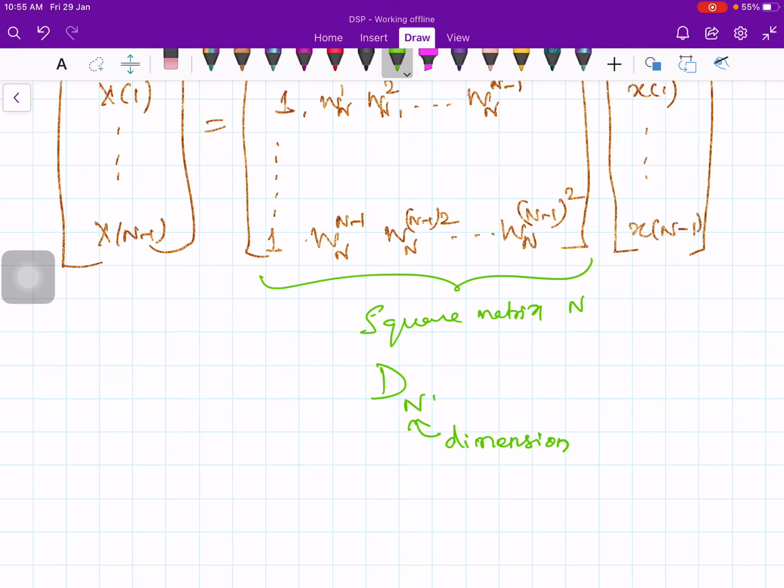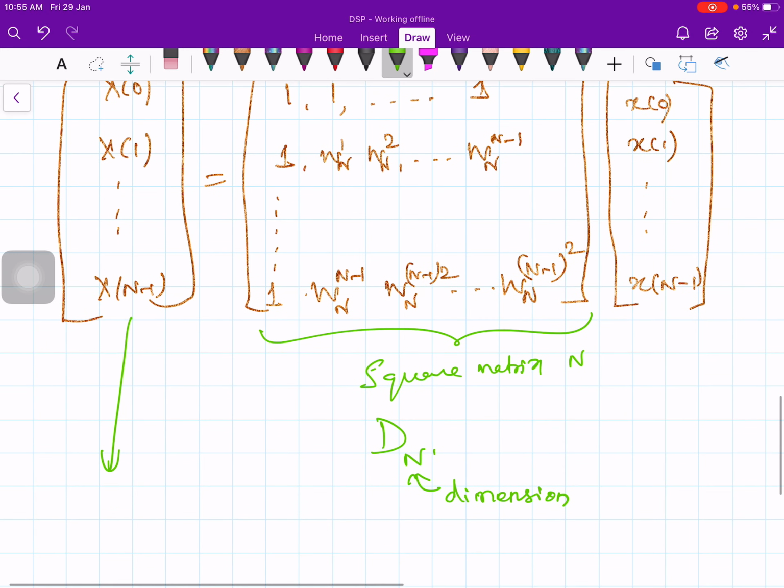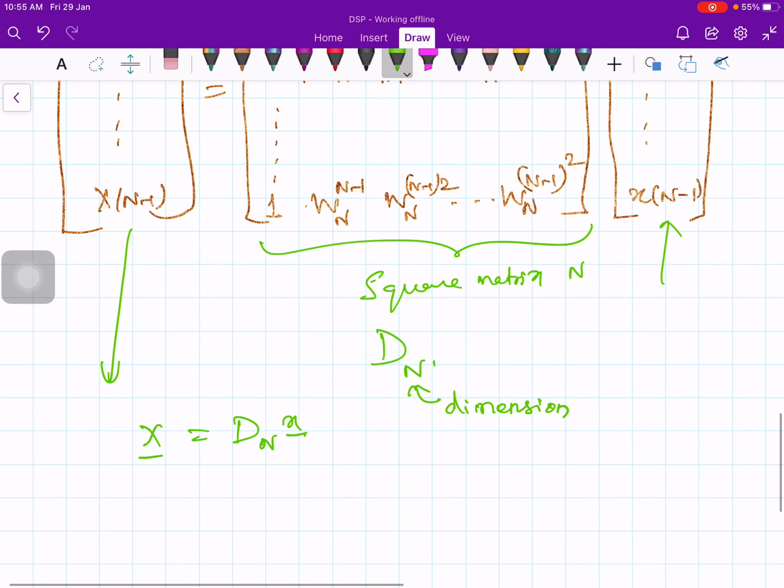So the dimension of this matrix is n by n, and this capital X is a column vector. This column vector I can represent like this, equal to D suffix n times another column vector, small x bar. So this is the compact way of writing the DFT in another way.